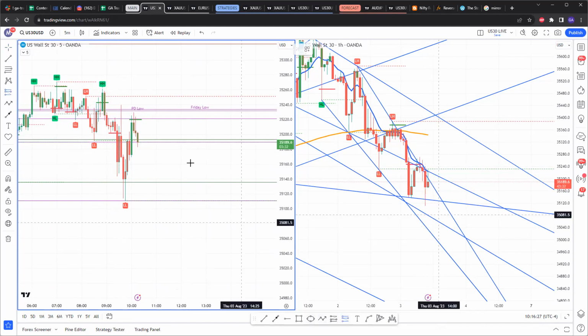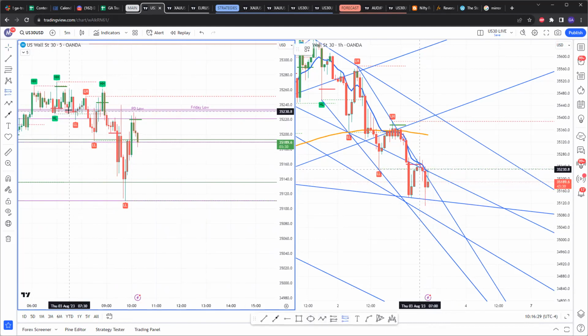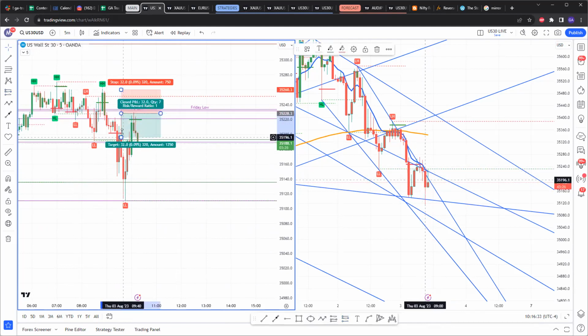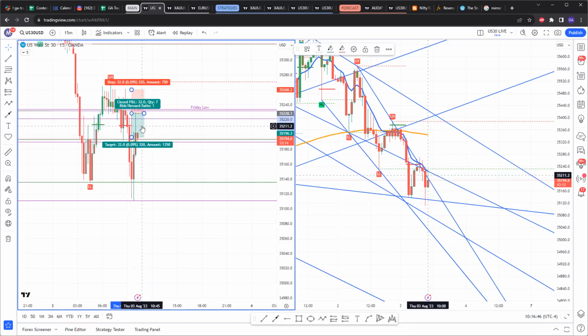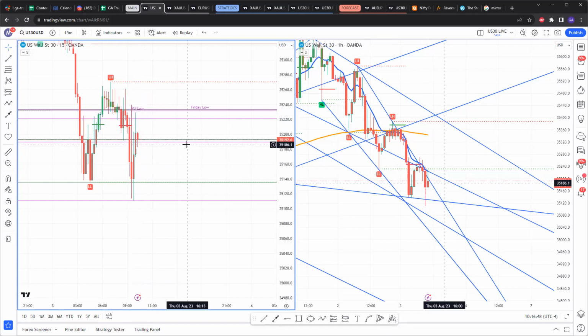If you're using the 5-minute time frame, you could have entered here and had a nice stop. So it gives you an early entry. If you knew for sure that the 15-minute candle was going to close below here and price was dipping so far down, you could have found an entry on the 5-minute to ride price down that way if you did not want to wait for price to close so far down.